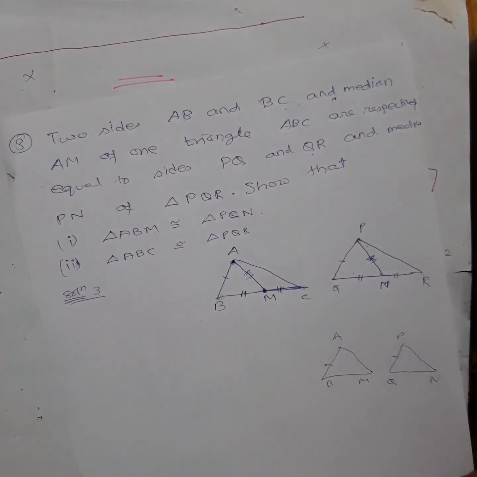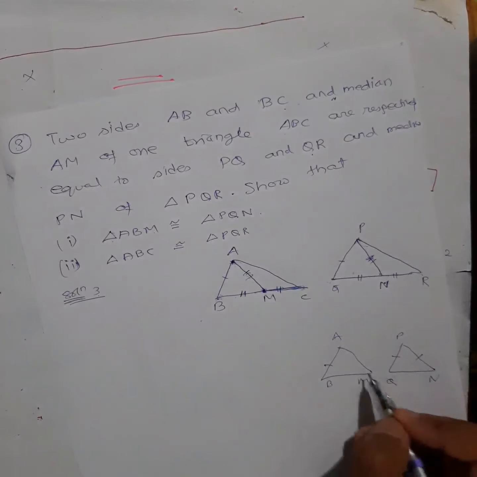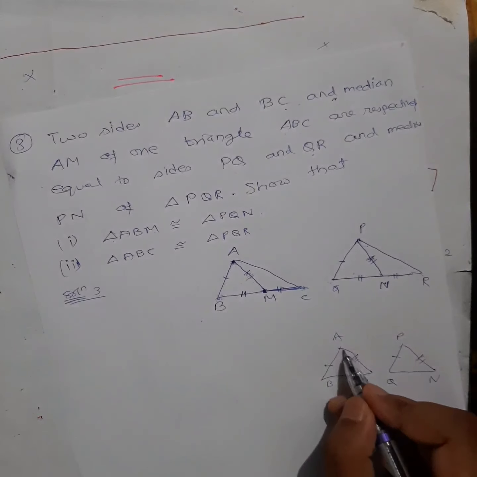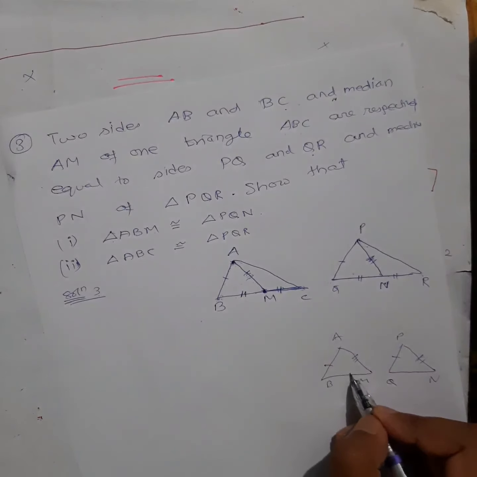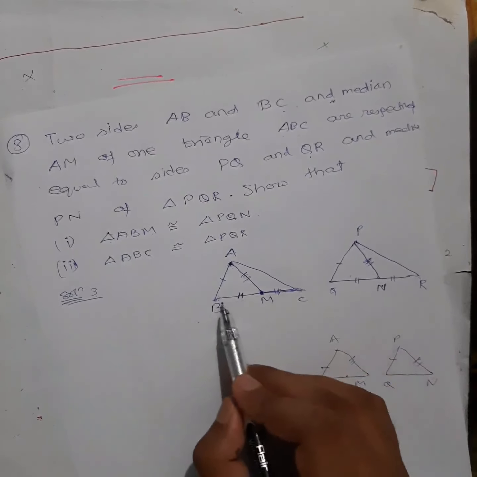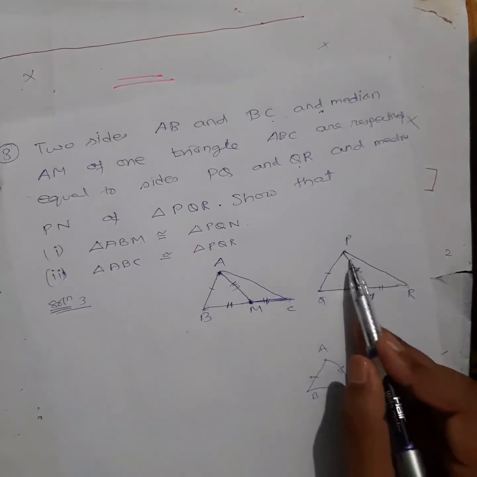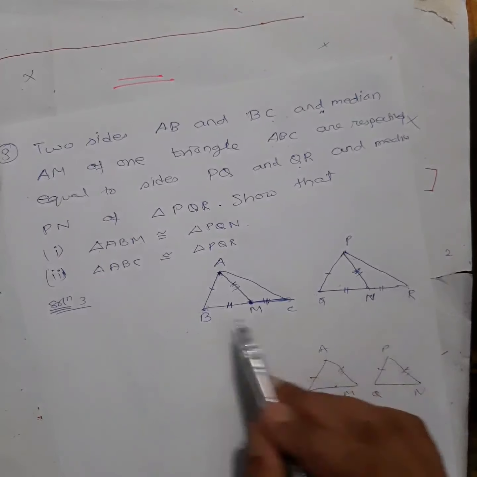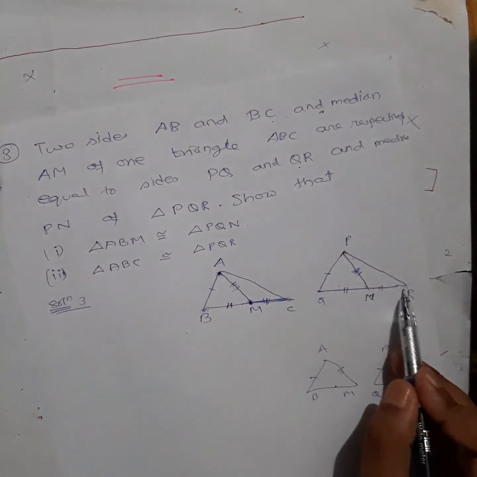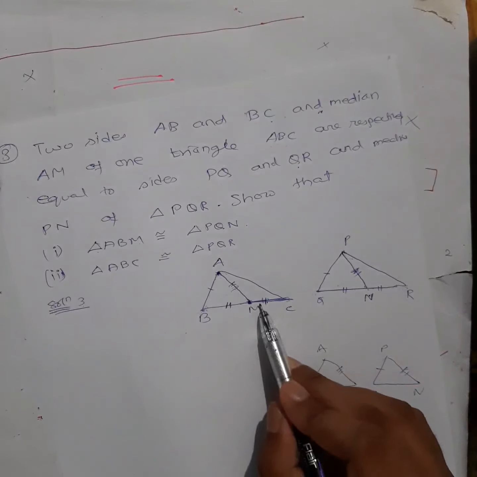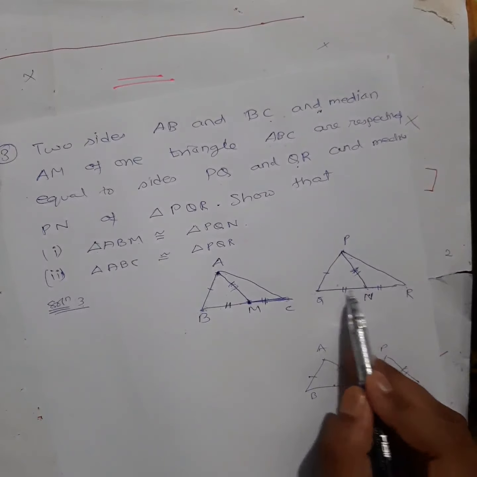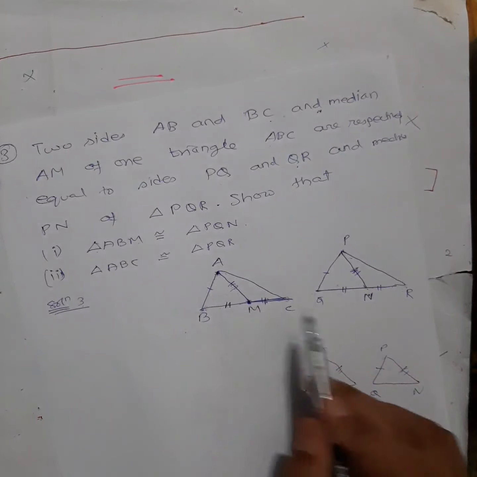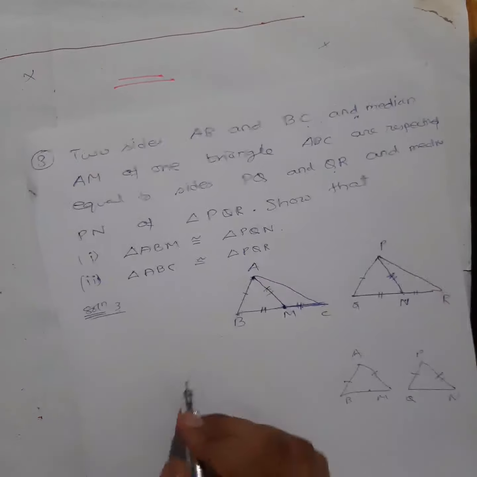This side and this side are already given, and this we can prove, right? Since AM is median, this will be equal to this, and we know that this is also median here. Since BC and QR are equal, suppose this is 6 centimeter, this also will be 6 centimeter. Now if this is median, obviously 3, 3, here also this is median, so this also will be 3. So obviously QN and BM will also be equal. That you have to show here.